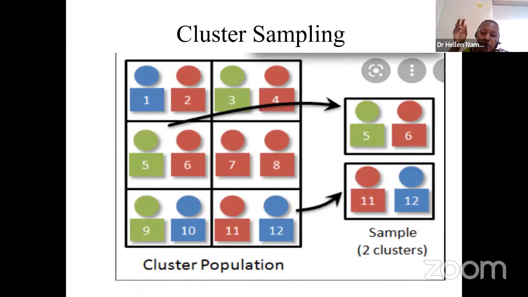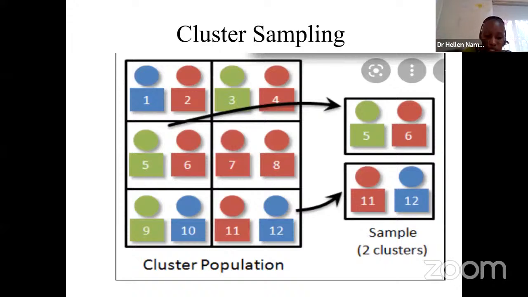So what happens here, I pick 2 from these clusters that I'm having. I further go ahead and I pick the 5 and 6, and then I'll pick the 11 and 12. So these 2 that I've picked out of the 6, these are the ones that I'm going to include in my sample. The 2 clusters are going to act as my sample. It's what I'm going to base on.